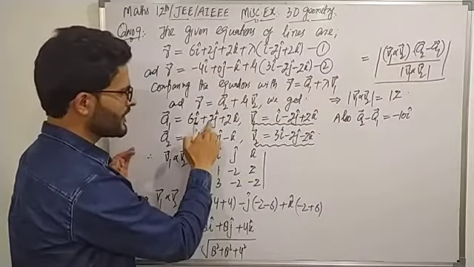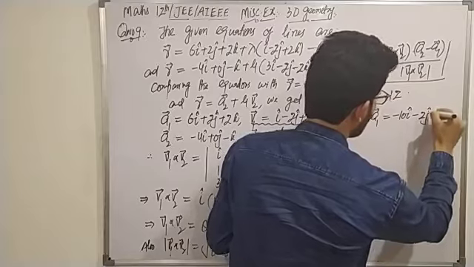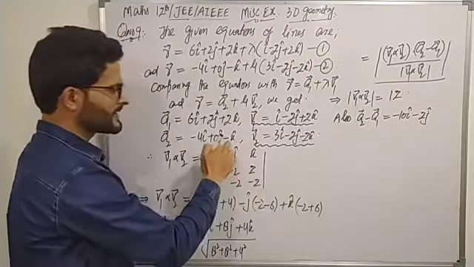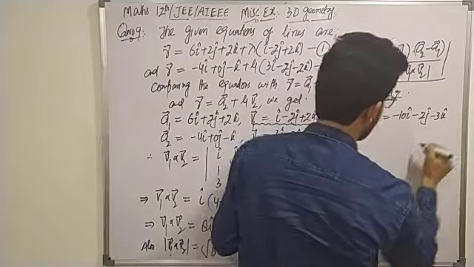0j minus 2j, so that is minus 2j. And similarly, minus k minus 2k, that is minus 3k.